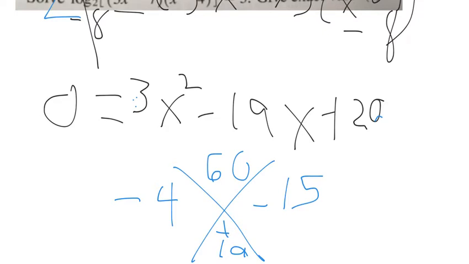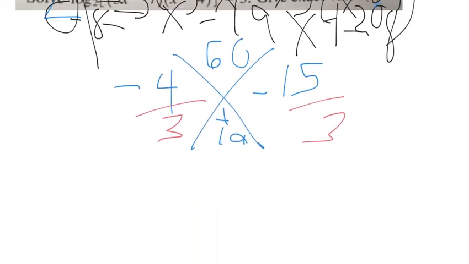And now from here, after we have those numbers, you would divide by the leading coefficient. Since the leading coefficient is 3, you would divide both of those by 3.